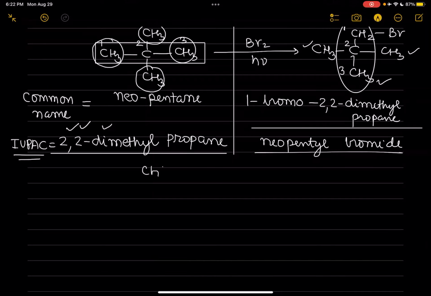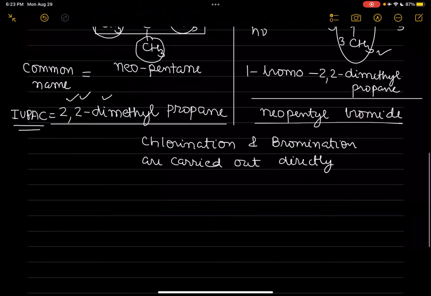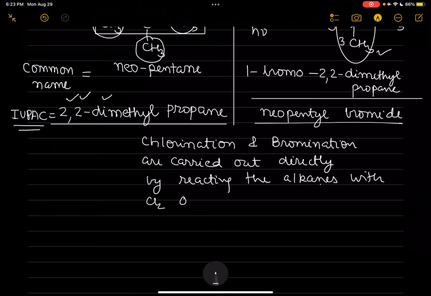Chlorination and bromination are carried out directly, by reacting the alkanes with chlorine or bromine in the presence of sunlight.